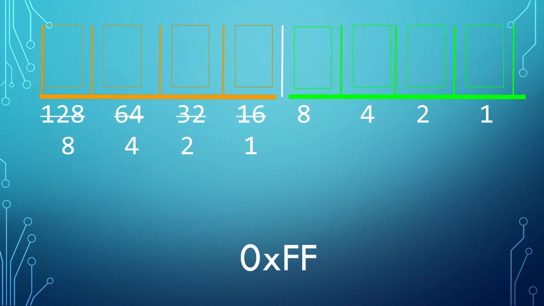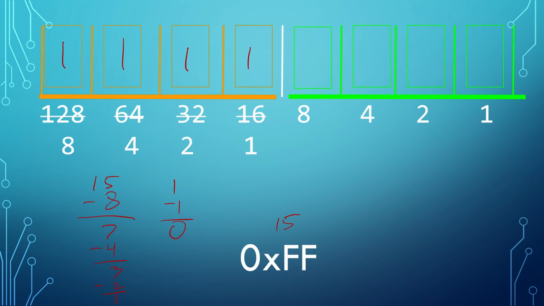What about 0xFF? Well, F is 15. 15 minus 8. That works. Put a 1 there. This is 7. 7 minus 4. That works. That's 3. 3 minus 2. That works. 1 minus 1. That works.